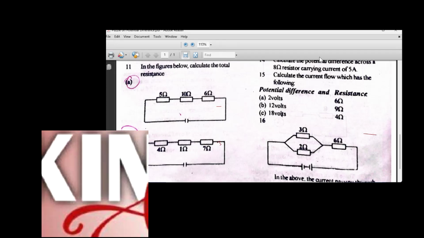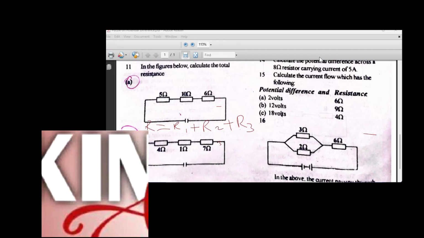We have another series problem here, and similarly we just slot in our formula: the equivalent resistance becomes R1 plus R2 plus R3, because we have three resistors all connected in series.